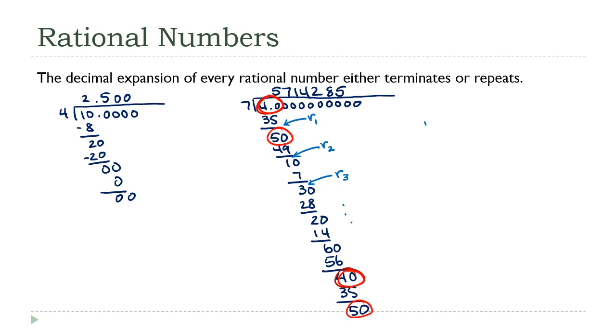The remainders have to come from 0, 1, 2, 3, up to 9. I have a very large number of remainders. Let's say we look at just the first 11 remainders.